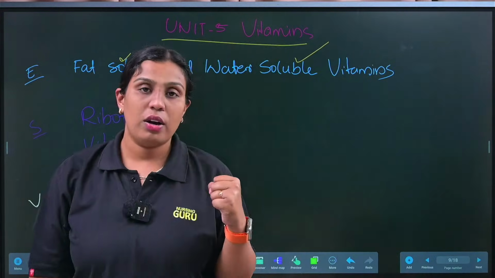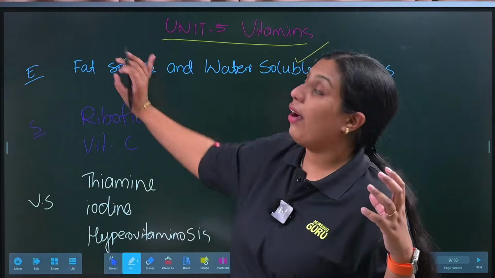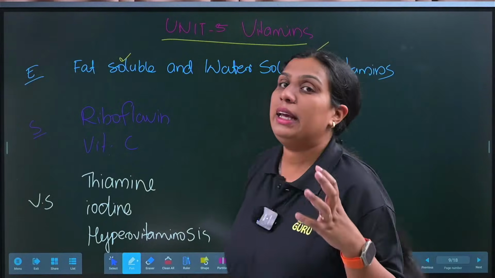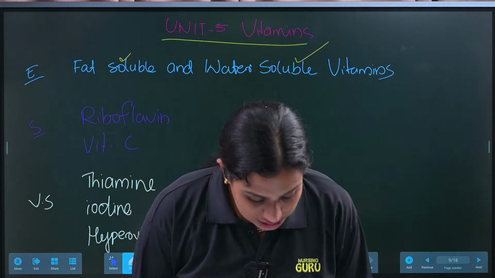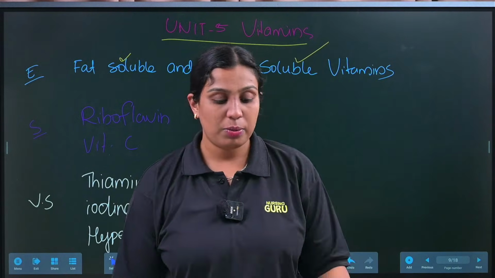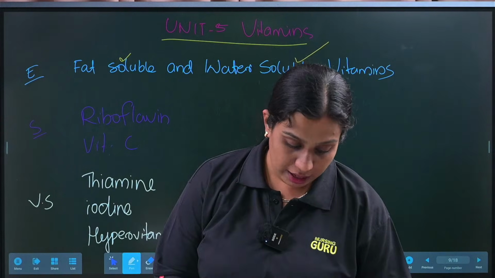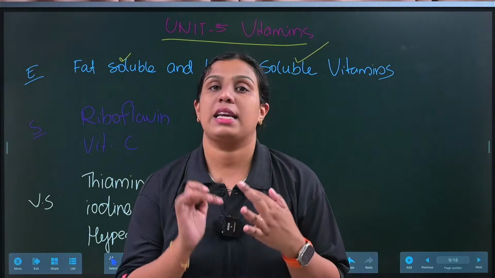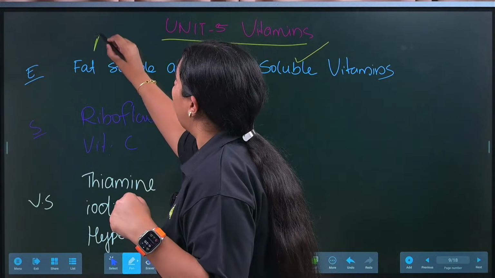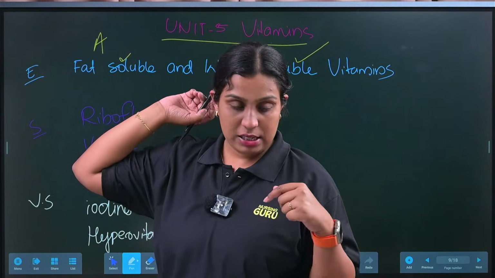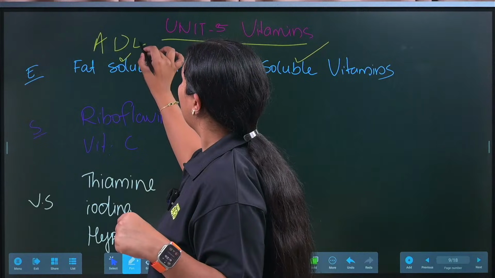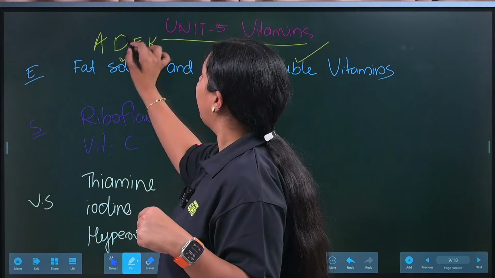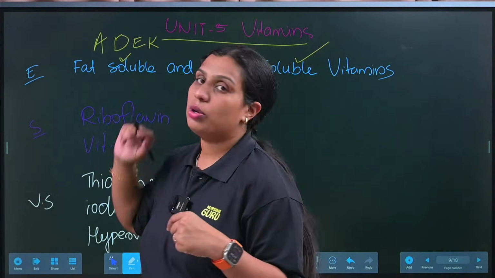So which vitamins are fat soluble and which are water soluble? Any idea? Fat soluble vitamins are vitamin A, D, E and K. A, D, E, K are the fat soluble vitamins.